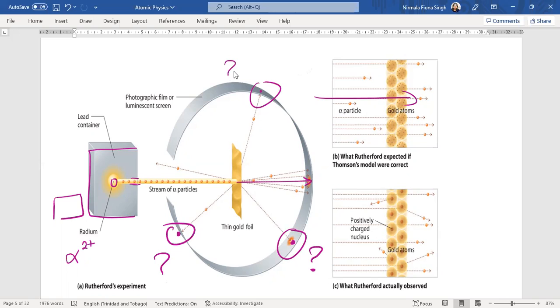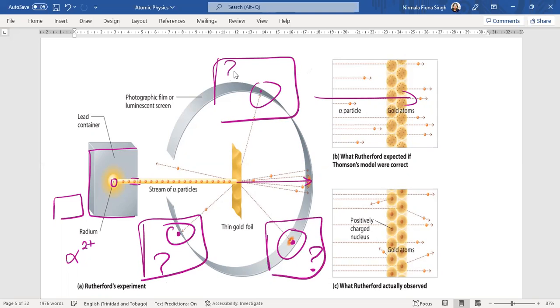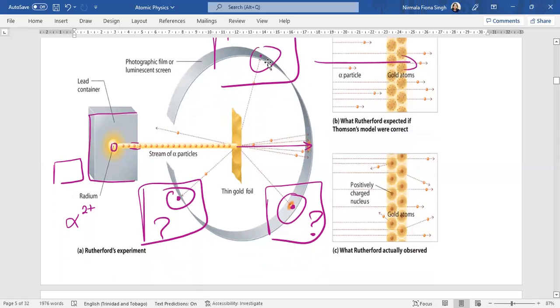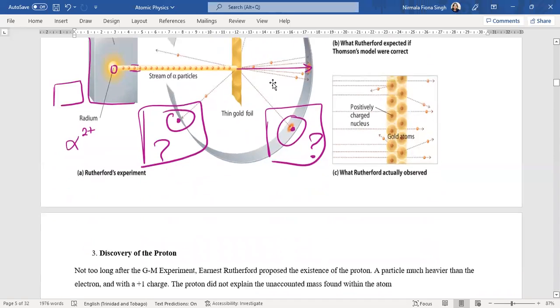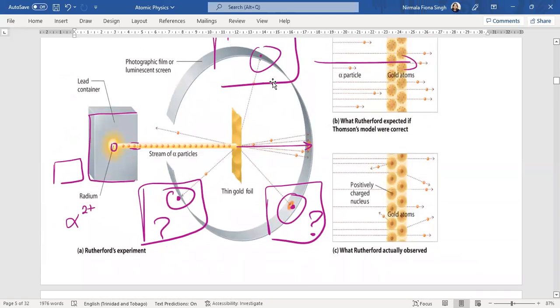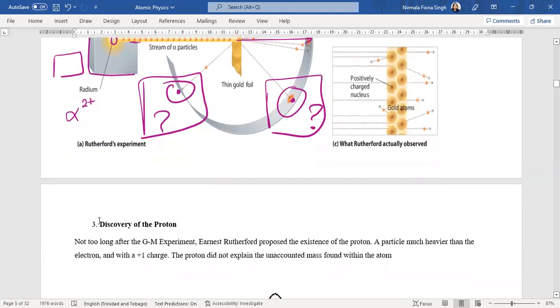So this is what they sat down and thought of: this experiment, these little results here, are telling them something about the atom itself. This is how we have to learn to look at our apparatus and look at our results critically.